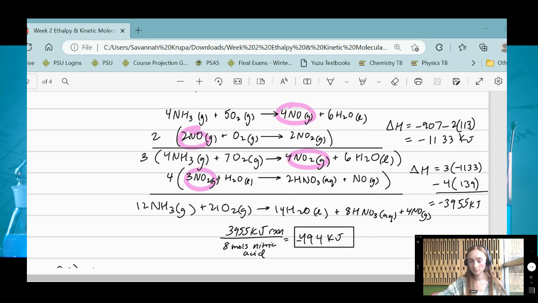And this is a more simple one to do because it's just a 2 and a 4 ratio, so we just need to multiply this entire reaction by 2. So I'm just going to put a 2 times right there, and also a 2 times right there to keep track of everything. And so 2 times that is going to give us negative 226 kilojoules.